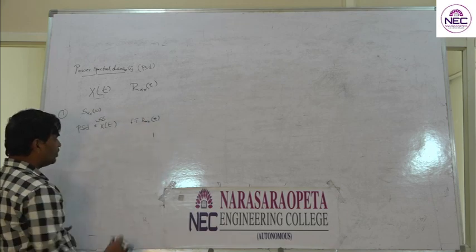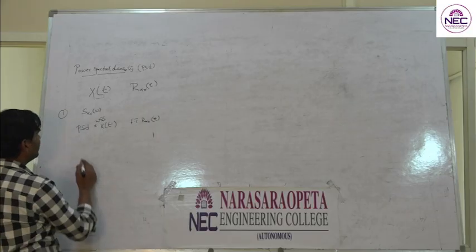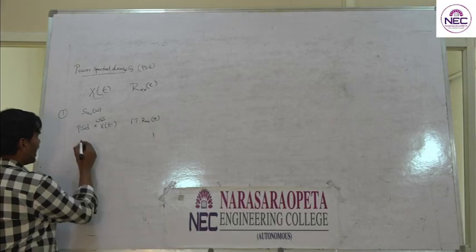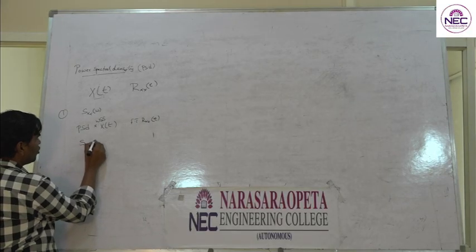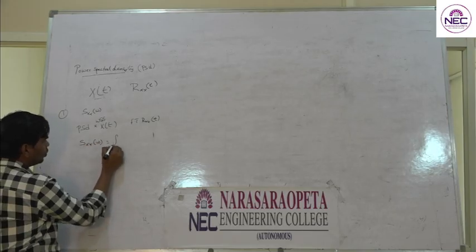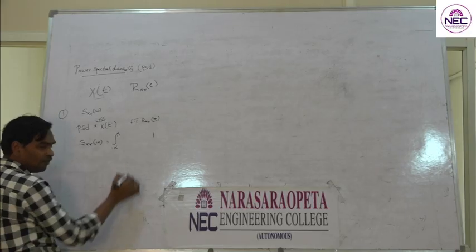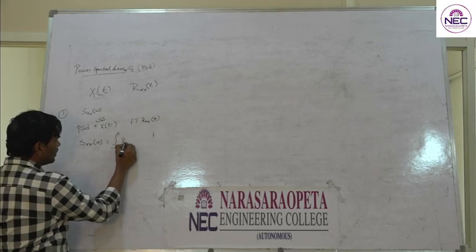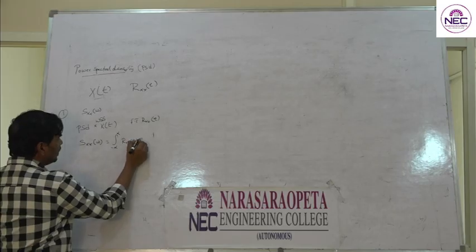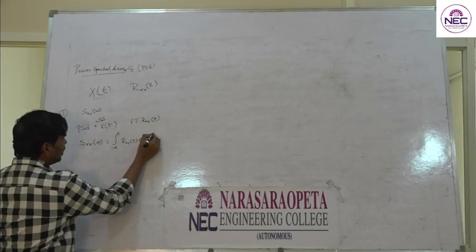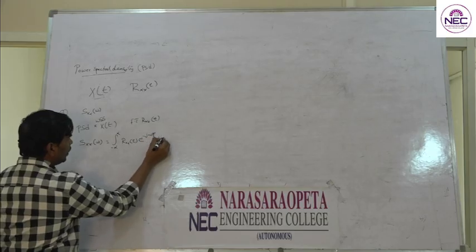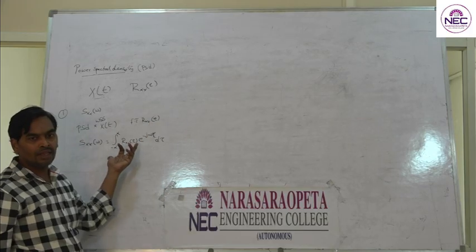As per that first definition, we can represent the power spectral density as Sxx of omega equals the integral from minus infinity to infinity of Rxx of tau e power minus j omega tau d tau. So this is the expression.